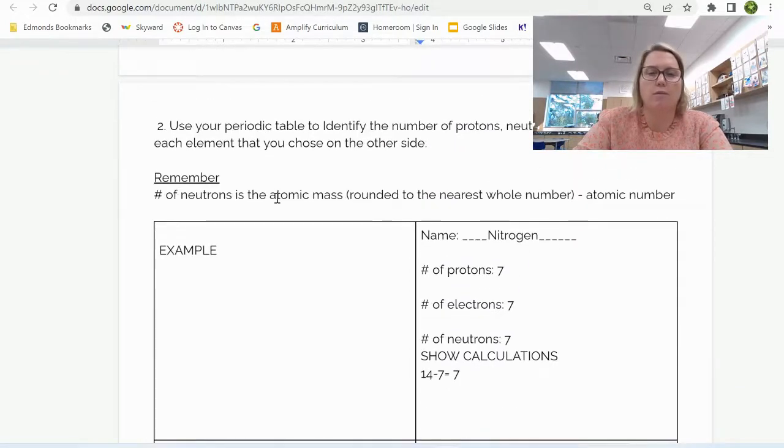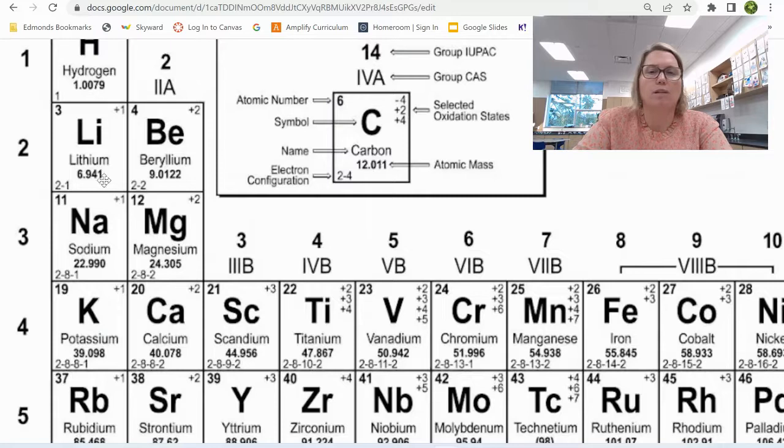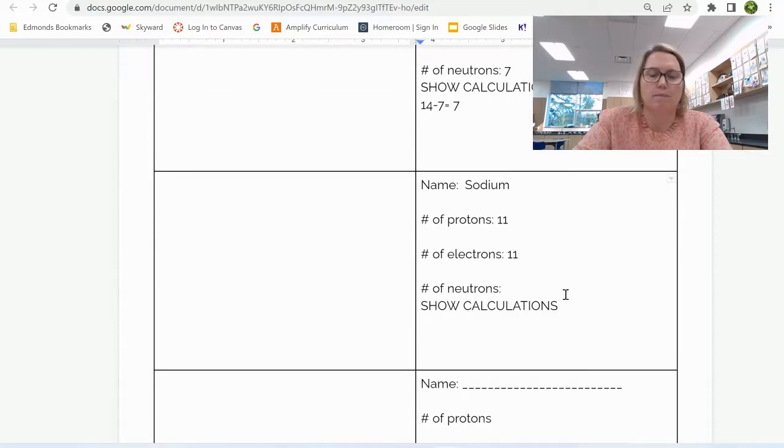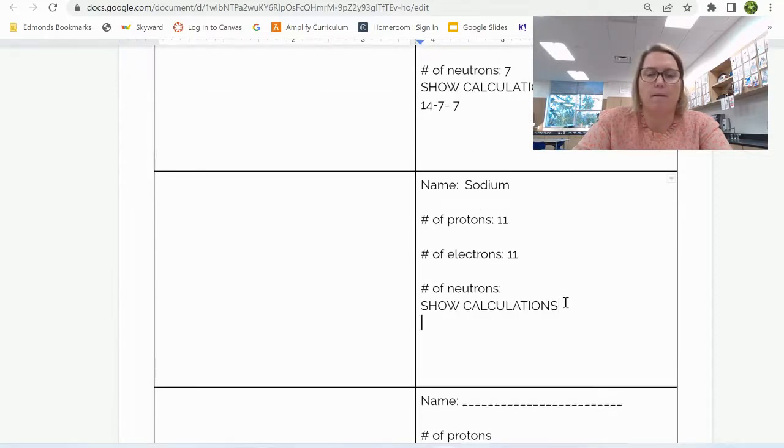The number of neutrons is the atomic mass rounded to the nearest whole number minus the atomic number. The atomic mass here is 22.990, minus 11, the atomic number. Showing my calculations, 22.99 rounded to the nearest whole number is 23.